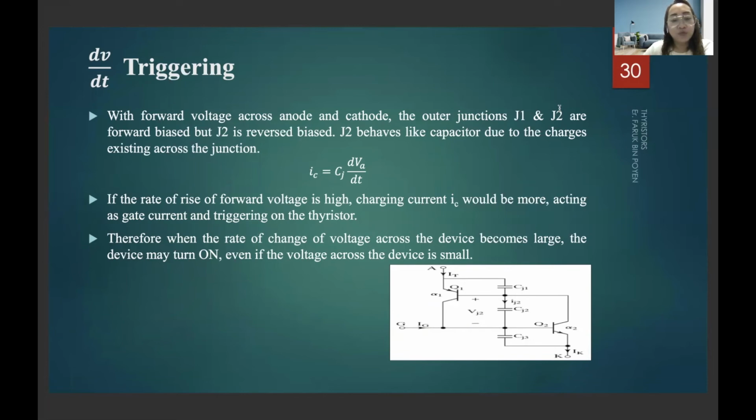If the rate of rise of forward voltage is high, the charging current could be large, acting as the gate current and triggering the thyristor. Therefore, when the rate of change of voltage across a device becomes larger, the device may turn on even if the voltage across the device is very small. So that is the voltage rate triggering.